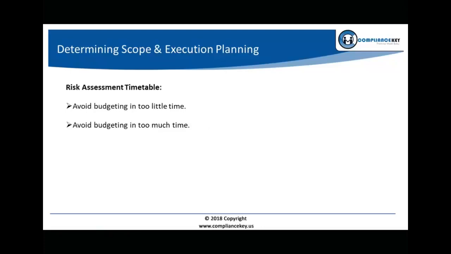So a couple of things to mention on the risk assessment timetable. I've got that first one there: avoid budgeting in too little time. As I said, make sure that you're honestly budgeting in enough time to allow for a meaningful effort. In doing that, you're going to be balancing, what other workload demands do you have?